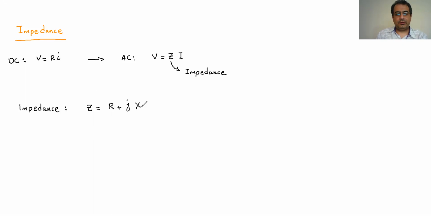I will go through what these are slowly. The R is the resistance. If we have resistance in the system, it is going to be R, as we have in the DC. So R is always the real part of that impedance.